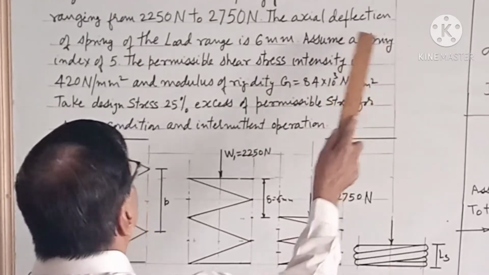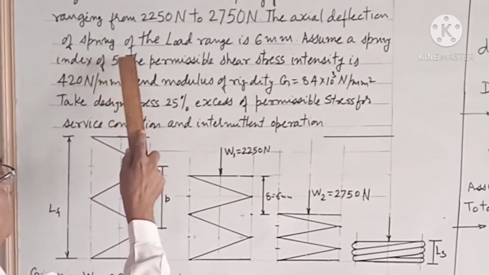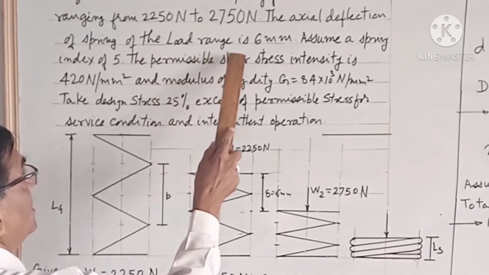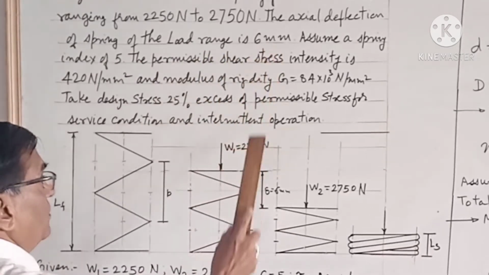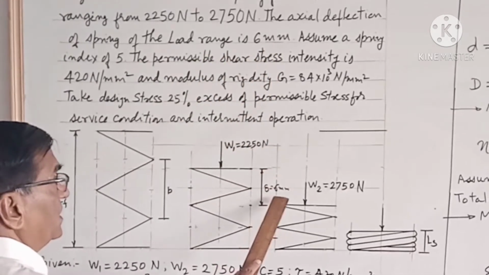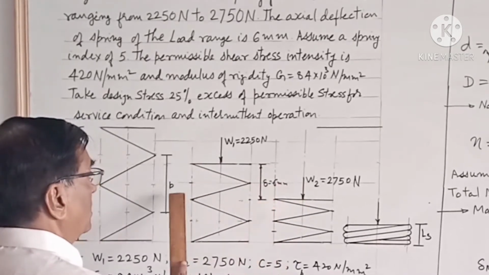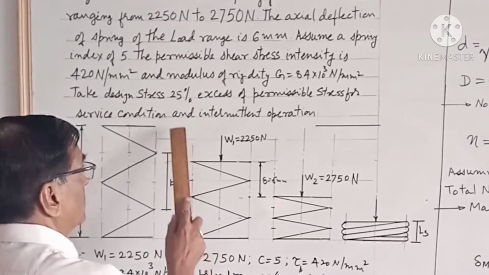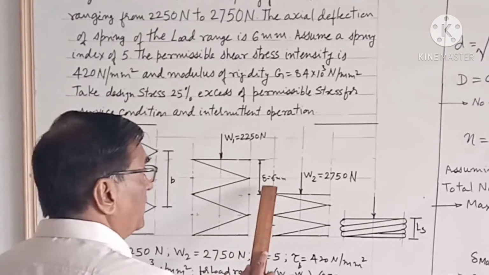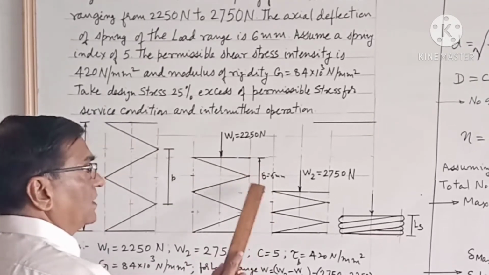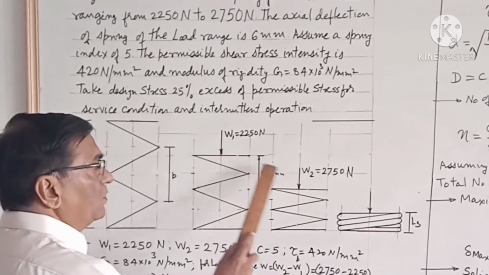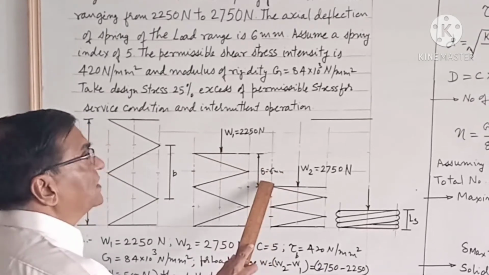The axial deflection of spring for the load range is 6 millimeter, means deflection delta is 6 for the load range. It is not total deflection from free length, it is the deflection for load range W1 to W2, that is 6 millimeter.